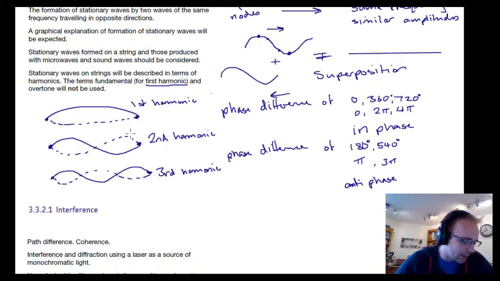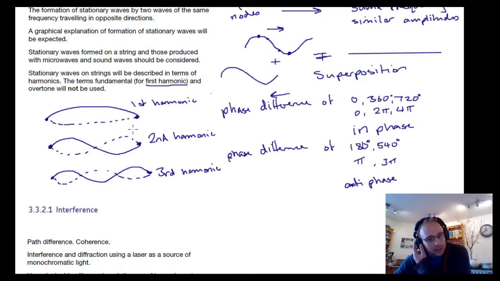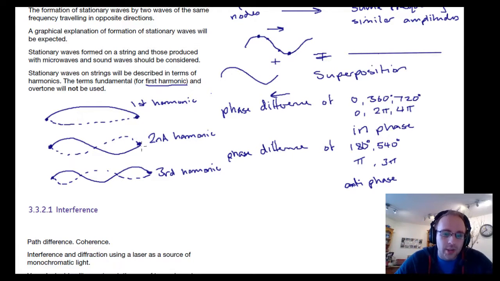So they add together to make a standing wave. Why aren't we using fundamental? Because it's confusing. If we stick to first, second, third, fourth, fifth harmonic, etc., then we don't have to use overtones. If we use the term fundamental, then we can have a first overtone and a second overtone, etc. Or we could just stick with first harmonic, second harmonic, third harmonic.